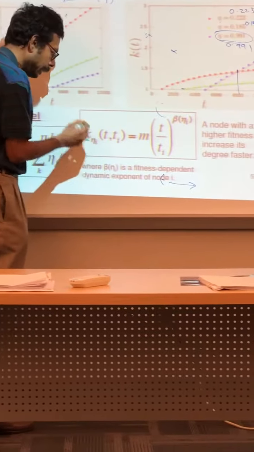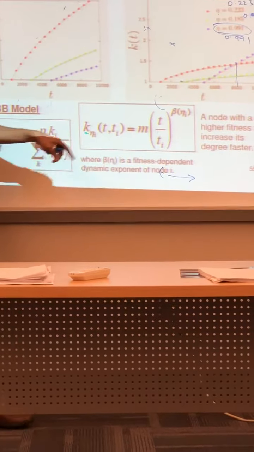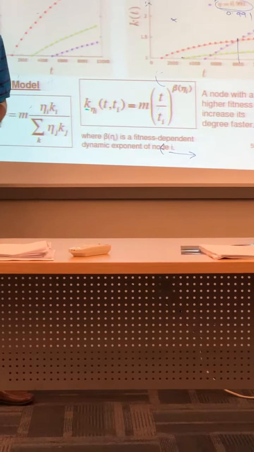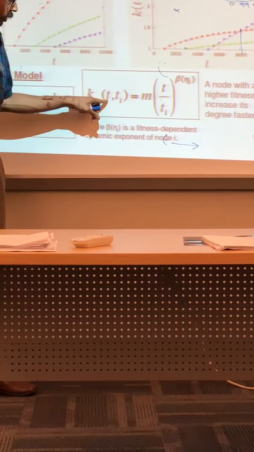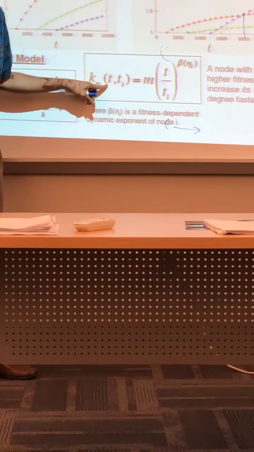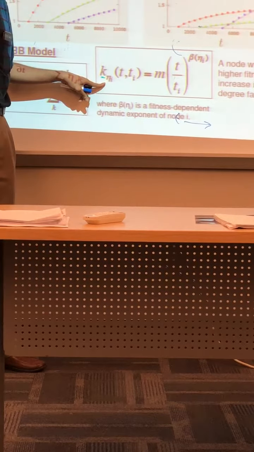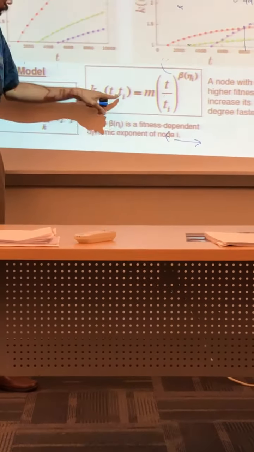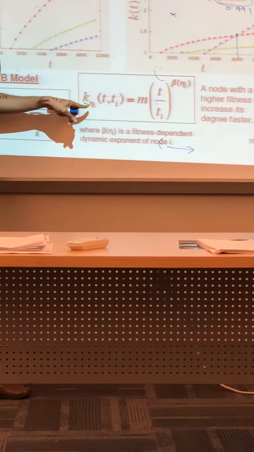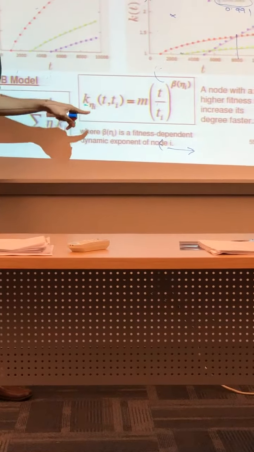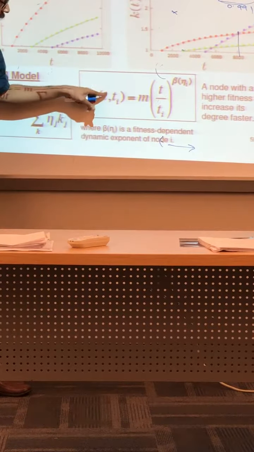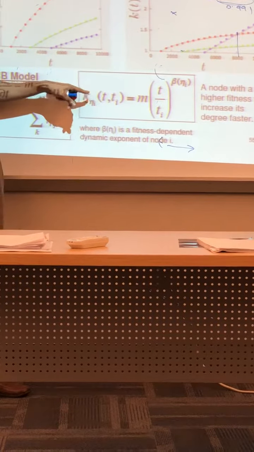The degree of a node that joins the network at some time ti, and you are measuring its degree at some future time t, and that node i has a fitness indicated by eta i. So eta i is the fitness of the node that joined at some time ti, and you are measuring its degree at some future time t.